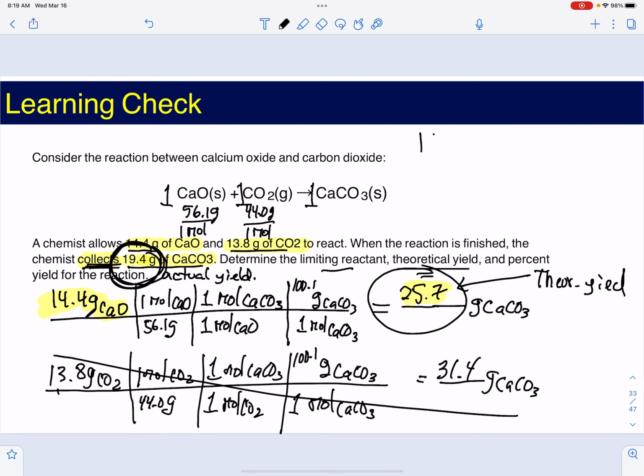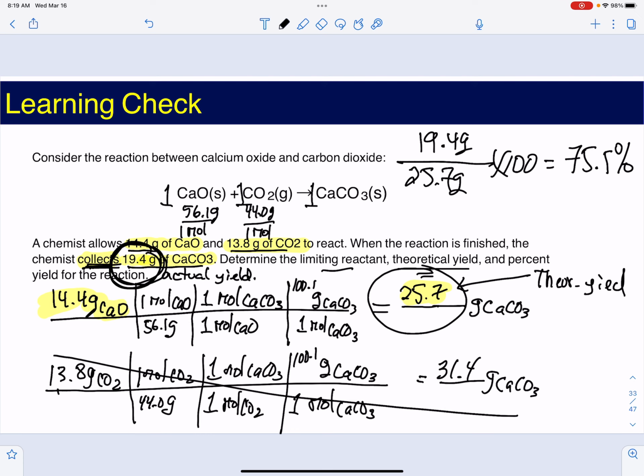So 19.4 grams, which is the actual yield, divided by the theoretical yield, which is 25.7, multiplied by 100, is going to give us how much? 19.4 divided by 25.7 is going to equal 75.5%.